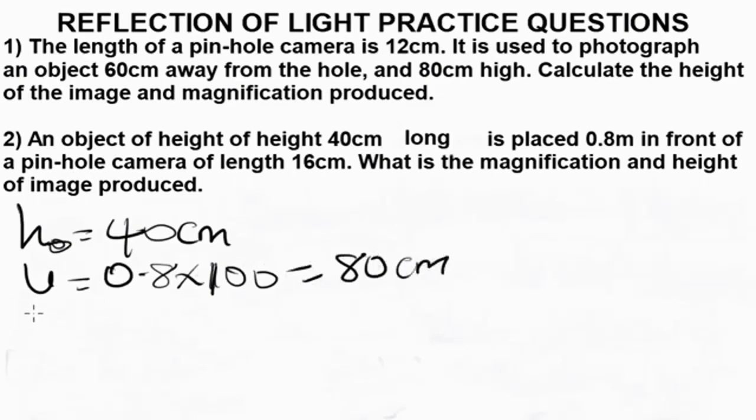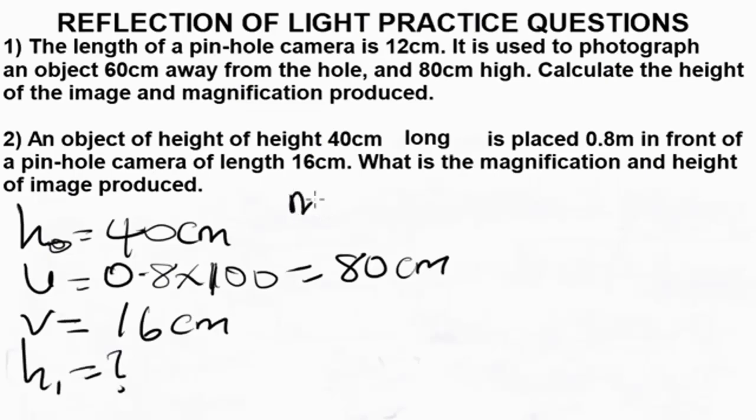Now our image distance v is, say, a pinhole camera of length 16 cm. The image height hi is unknown. So let's begin by finding the magnification. As you all know, magnification is image distance over object distance.